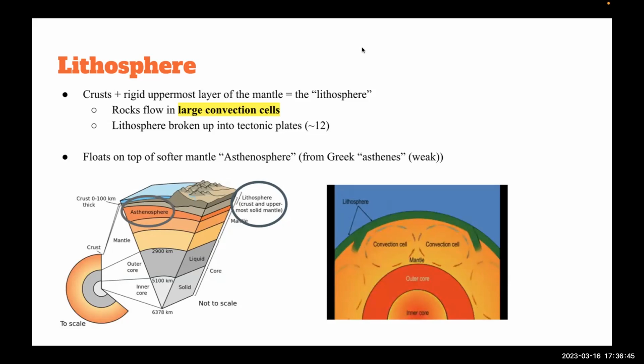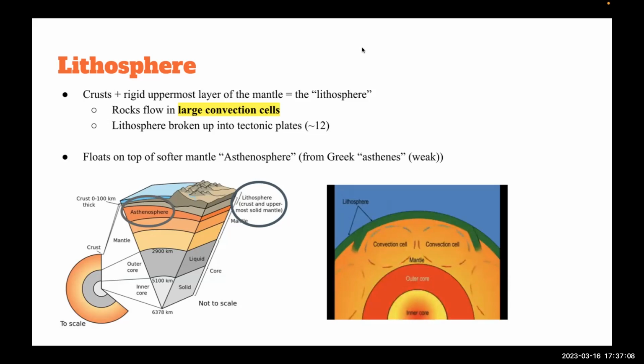So the top part of the mantle, which we call the asthenosphere, is still malleable, but it's much harder than the mantle below. It tends to be less ductile than the mantle below.